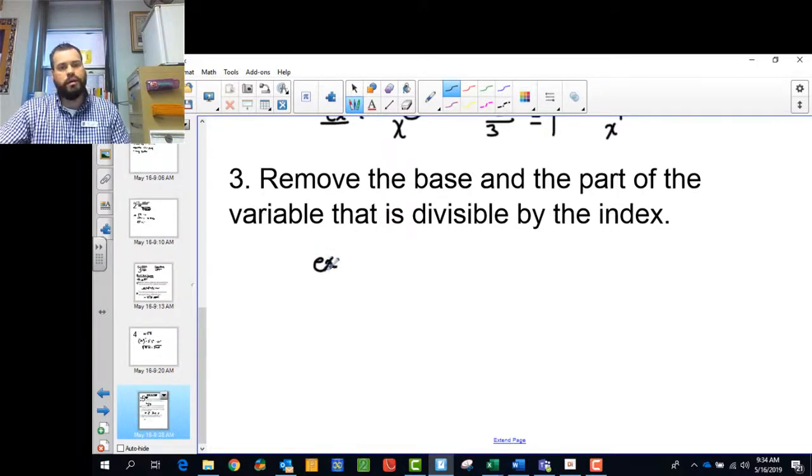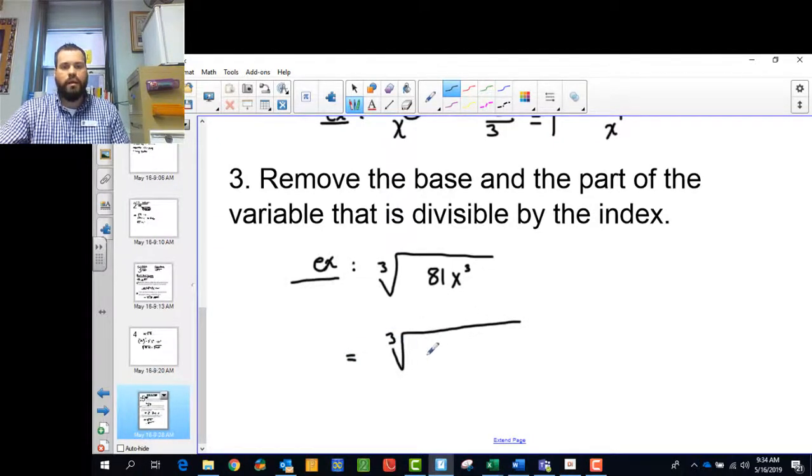So in our example, we started out with the cube root of 81x to the 3. What we discovered was that we could write 81 as 3 times 3 cubed, and then x cubed divides by 3. So I take the perfect cube, the base, and take out the 3.